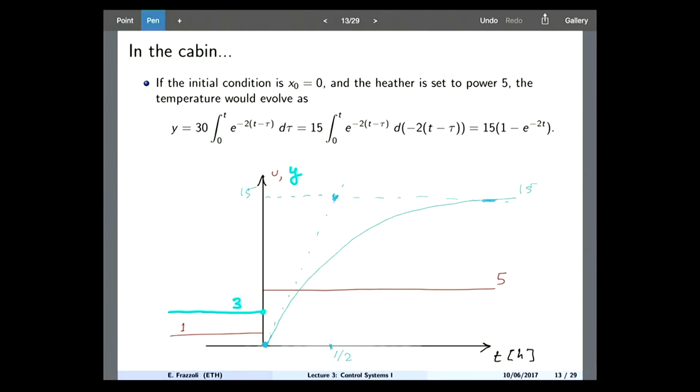Yep, question? No, you were just, okay. Other questions? Does it make sense to you? The shape of the curve should make sense, right? So you step into the cabin, temperature is 0, switch the heater on, what do you think will happen?